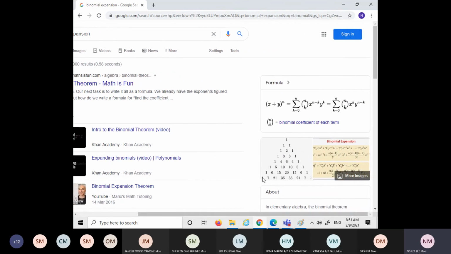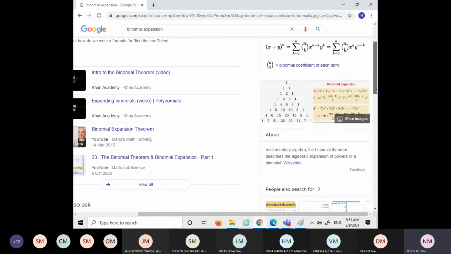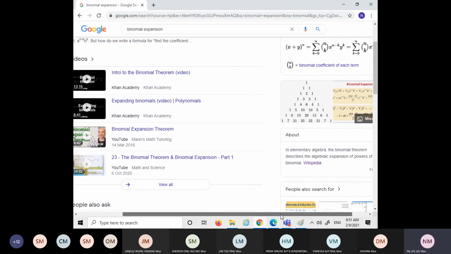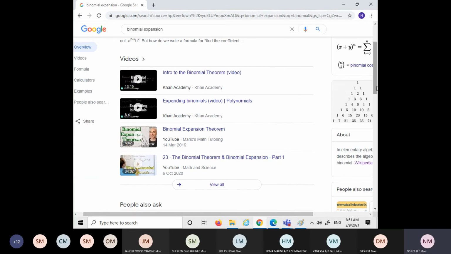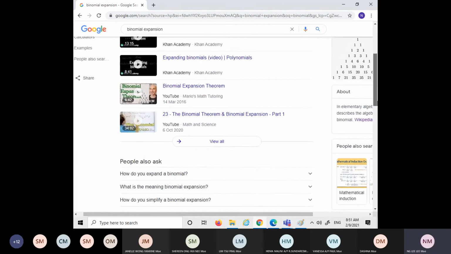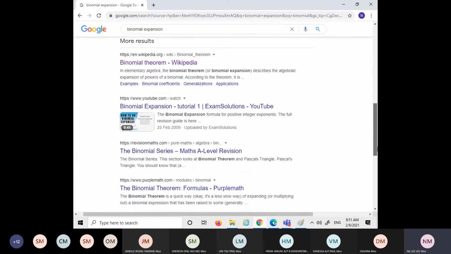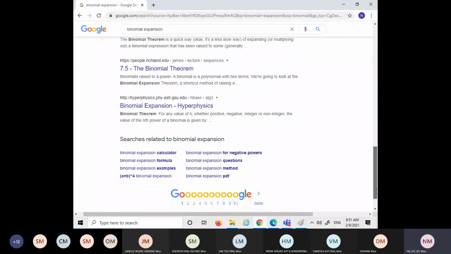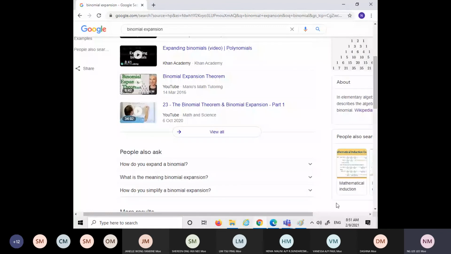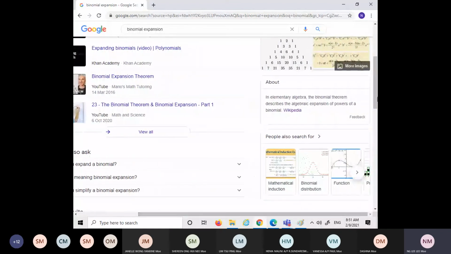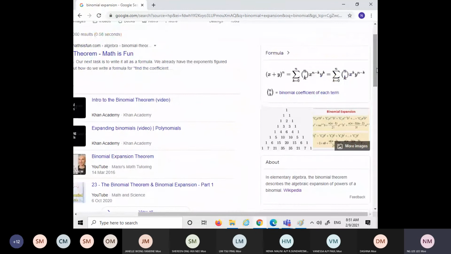So you will see this binomial expansion. This one is called what? There's a name for this diagram, this triangle. I forgot already.